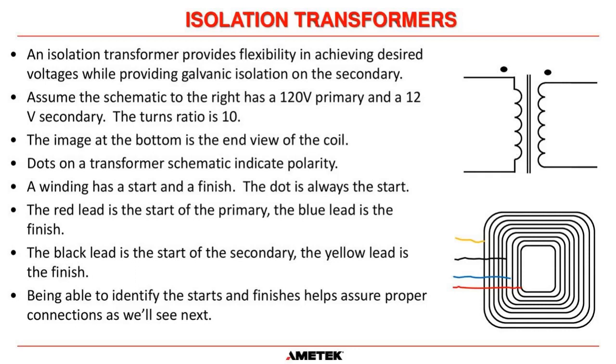At the bottom on the coil there, the red lead is the start of the primary and the blue lead is the finish. The black lead is the start of the secondary and the yellow lead is the finish. Again, being able to identify these leads can help us if we have to hook up the transformer in the field.